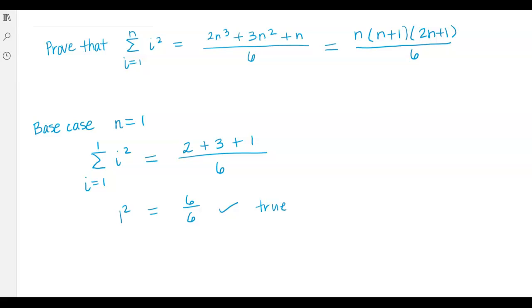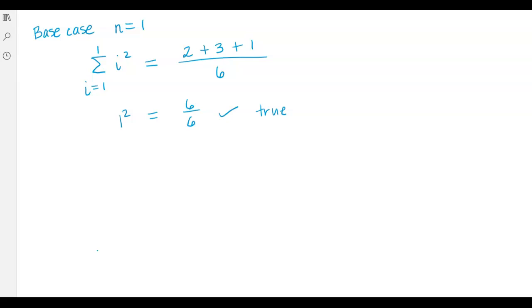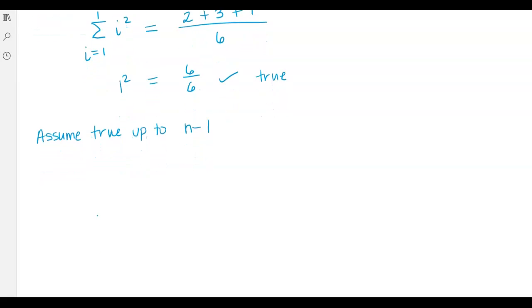Then I'll assume that it's true for n equals 2, n equals 3, and so on, all the way up to the n minus first case. So let's assume that this is true up to n minus 1. Then if I sum this up to n minus 1, I could use that fraction, and this is where I'm going to use the factored version.